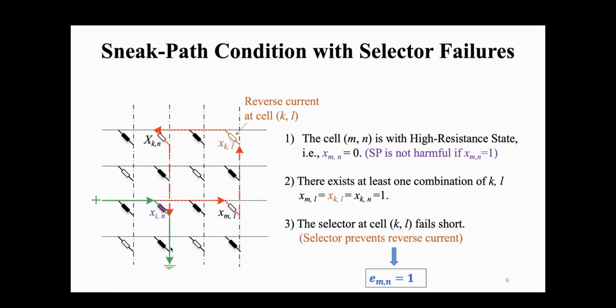If the cell selectors work, all the sneak paths could be eliminated. However, cell selectors are also prone to errors due to the imperfection of memory fabrication and maintenance process, leading to the reoccurrence of sneak paths.